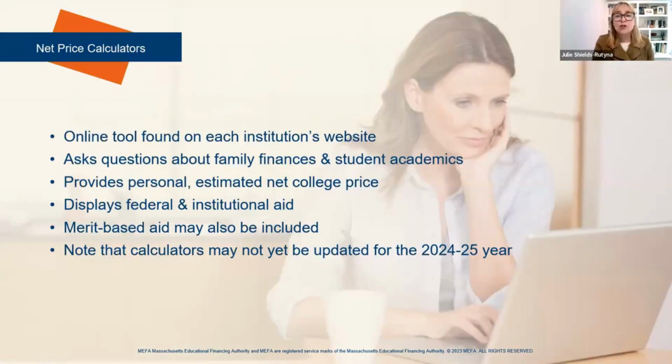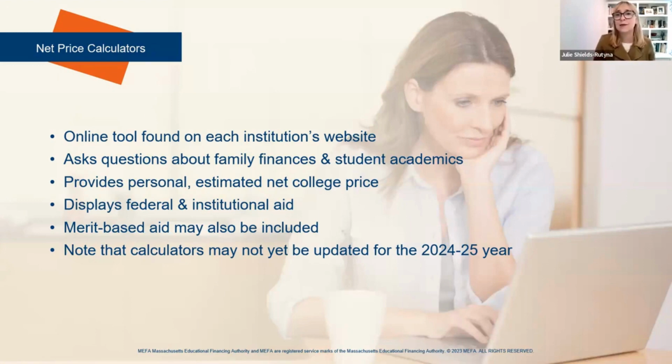And I'll also share that a nice tool that colleges have on their financial aid websites is called a net price calculator. And this is especially helpful for families who maybe even have a sophomore or junior and want to start looking at costs, because you can always type your financial information into a net price calculator at a college and then receive an estimated amount of financial aid that you might be able to receive as a family.